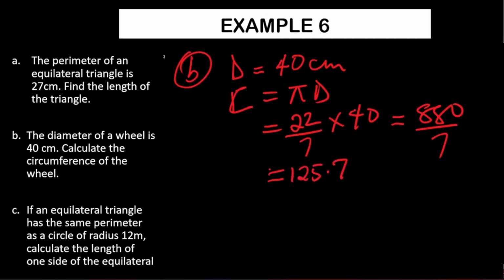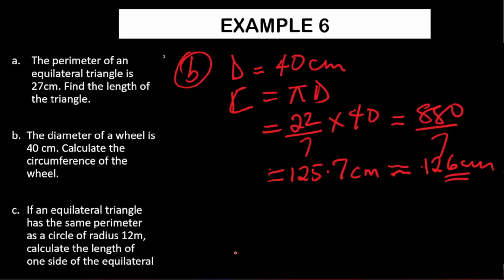So we leave it at this. That's going to be 125.7 centimeters. Or if you are asked to round it to the nearest whole number, the nearest whole number is going to be what? 126 centimeters. I hope this is very clear. All right, so that is that on this one.